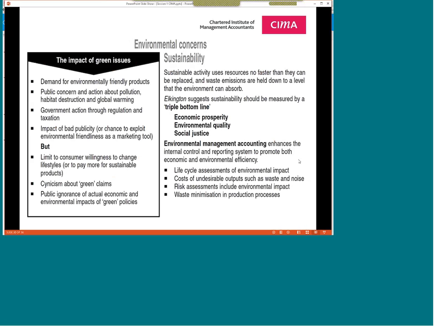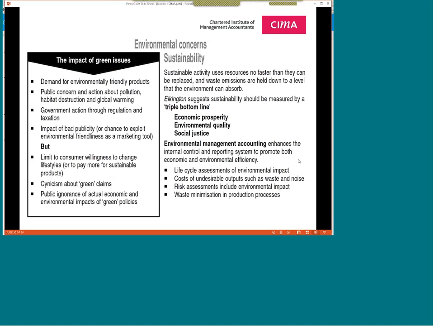And very closely related to sustainability is triple bottom line accounting, for example, and also environmental management accounting. So when we talk about triple bottom line accounting, there are three areas that need to be considered.